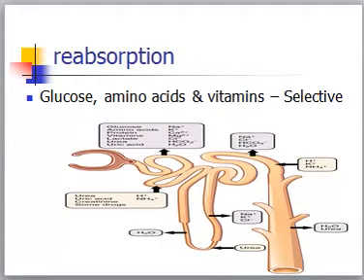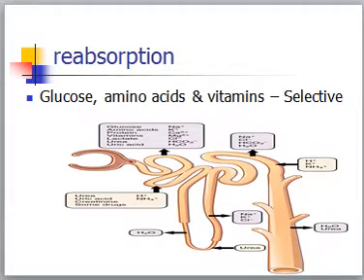The essential substances such as glucose, amino acids and vitamins are completely reabsorbed from the renal tubules. If there is a decreased amount of glucose, amino acids or vitamins in the body, it will be reabsorbed by the renal tubules. So this is selective reabsorption. You cannot reabsorb all the substances; only selective reabsorption takes place.